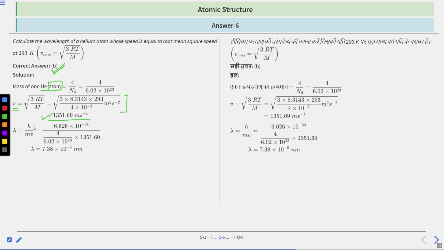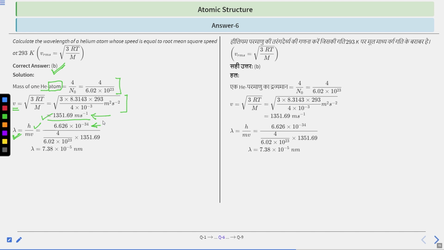Now we have to find the wavelength. The wavelength formula is lambda equals h upon mv. h is Planck's constant, which has a value of 6.626 into 10 to the power minus 34, divided by m, which we have calculated as 4 upon 6.02 into 10 to the power 23, multiplied by v, the velocity or speed we have already calculated, 1351.69.